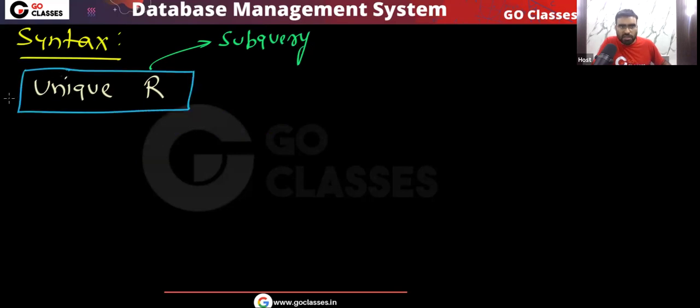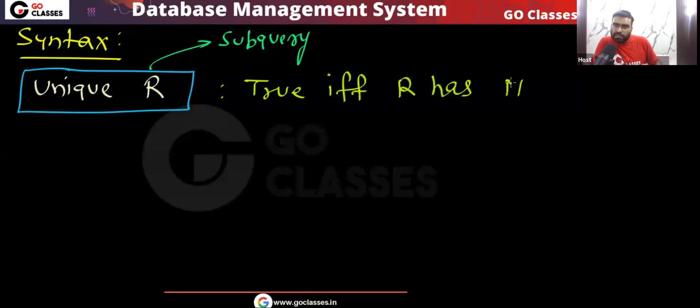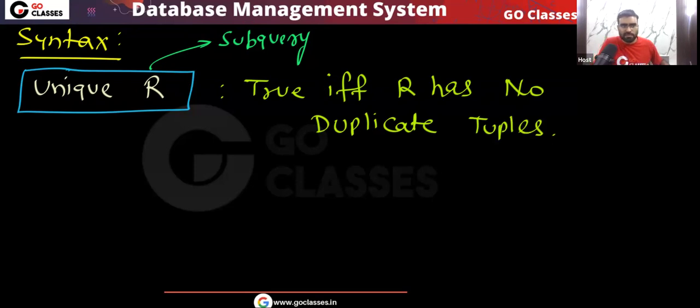There is nothing on the left. So unique R: the name itself tells you that every tuple must be distinct. So this will be true if and only if R has no duplicate tuples. Is this clear?